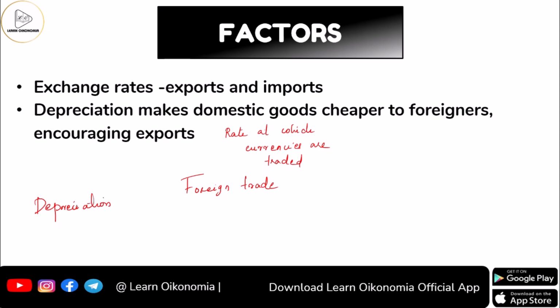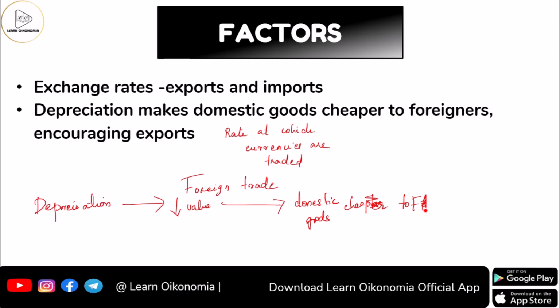If there is depreciation, there can be a fall in the value of a nation's currency. So this makes export cheaper. This makes the domestic items or domestic goods or domestic commodities cheaper to foreign nations, cheaper to foreigners.